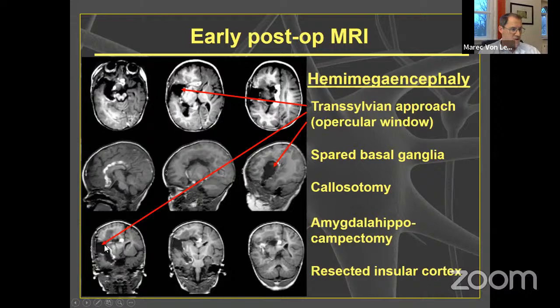So, transsylvian approach with this operculum, the basal ganglia in this area with the disconnection above and below, the callosotomy, quite nice in this T1 scan, and you see a bit of bleeding. So you can see the disconnective area here, and the amygdalohippocampectomy in this area, and the insular cortex is resected.